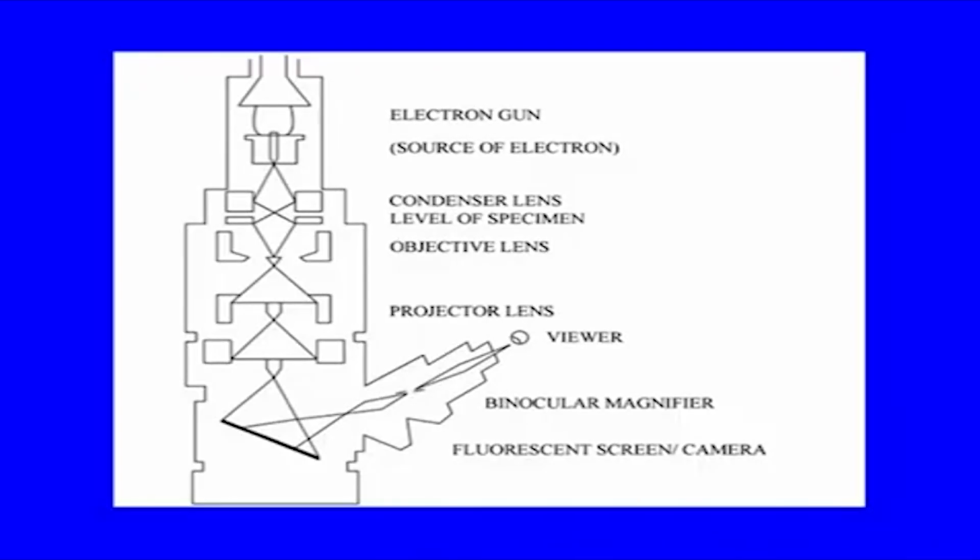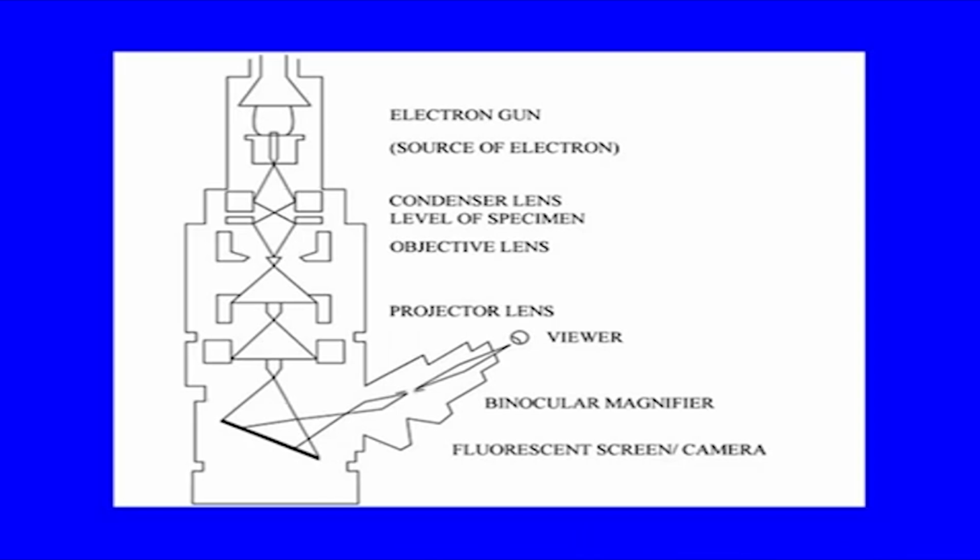Now, if you see this figure here, it shows various components, and you see that the source of electrons is on top of the column, which is formed of the cathode, anode and the apertures, and these are the condenser lenses here.